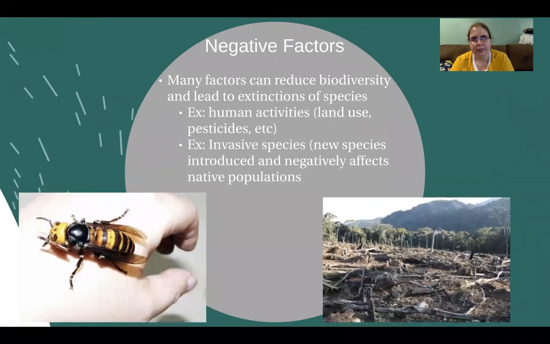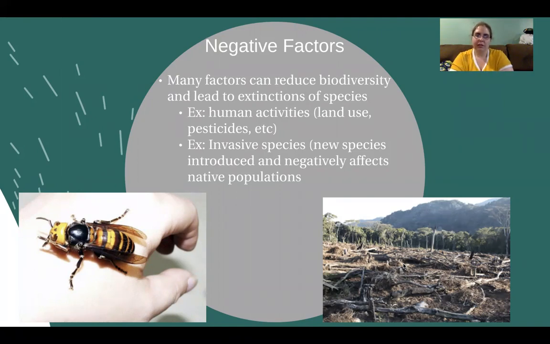So factors. There are some negative factors that can change and actually reduce biodiversity in an area. Like we already said, the more biodiverse an area is, we know that the healthier the ecosystem is. It's more stable, which means if an ecosystem is damaged, then it has higher resilience to recover from that damage and actually more resistance to being damaged in the first place.